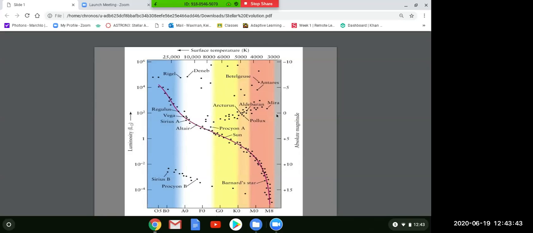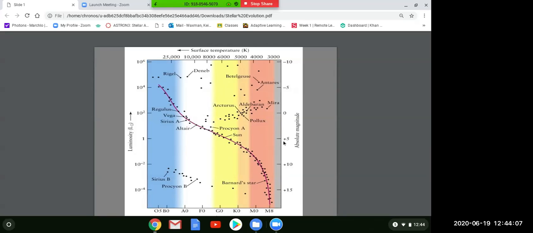If it's a magnitude 0, remember we said every time it's 5 magnitudes in difference represents 100 times in brightness. So look at this. If it's magnitude 0, it's 100 times in luminosity, or 100 times in brightness. So there are stars like Regulus, or about Vega, that are in actuality 100 times brighter than the sun. They give off 100 times more energy.